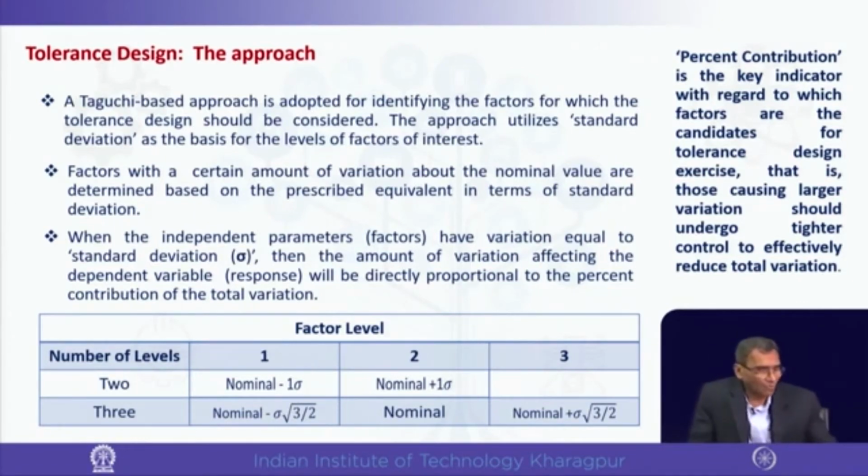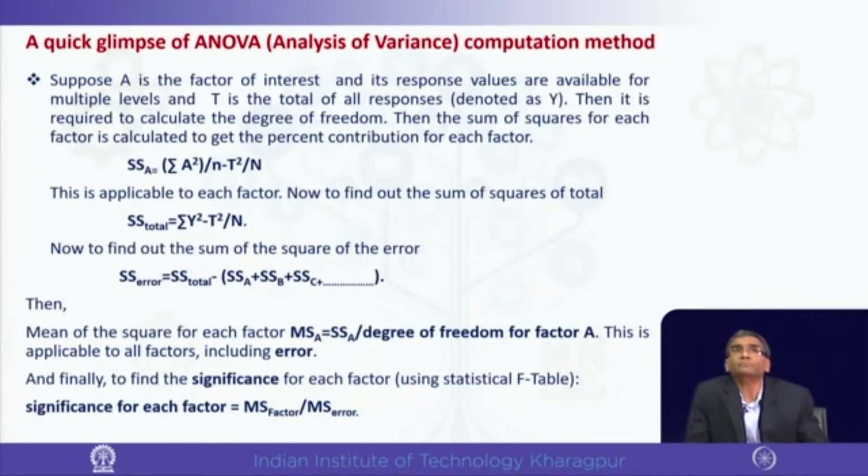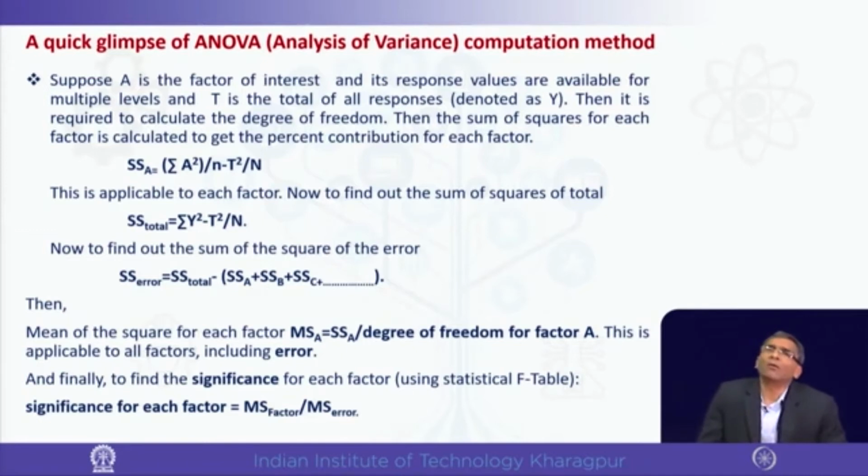So, now we have made the entire preamble, the background. Now, we will move on to a glimpse, as I said in the beginning, of analysis of variance, a calculation which perhaps you have already seen while doing parameter design. For this ANOVA you will find plenty of books and materials.